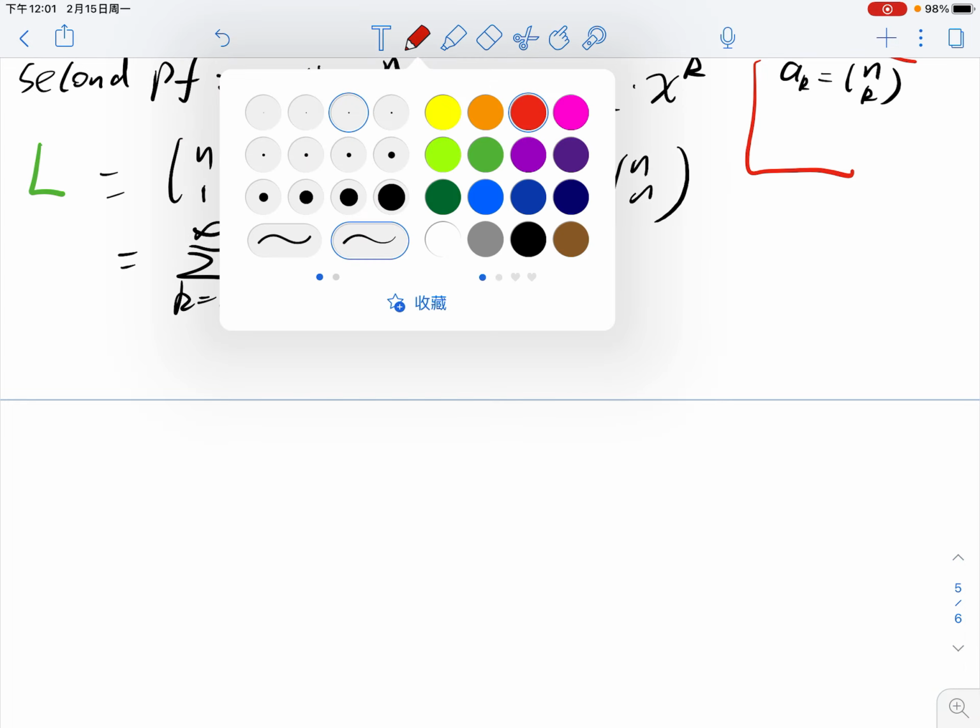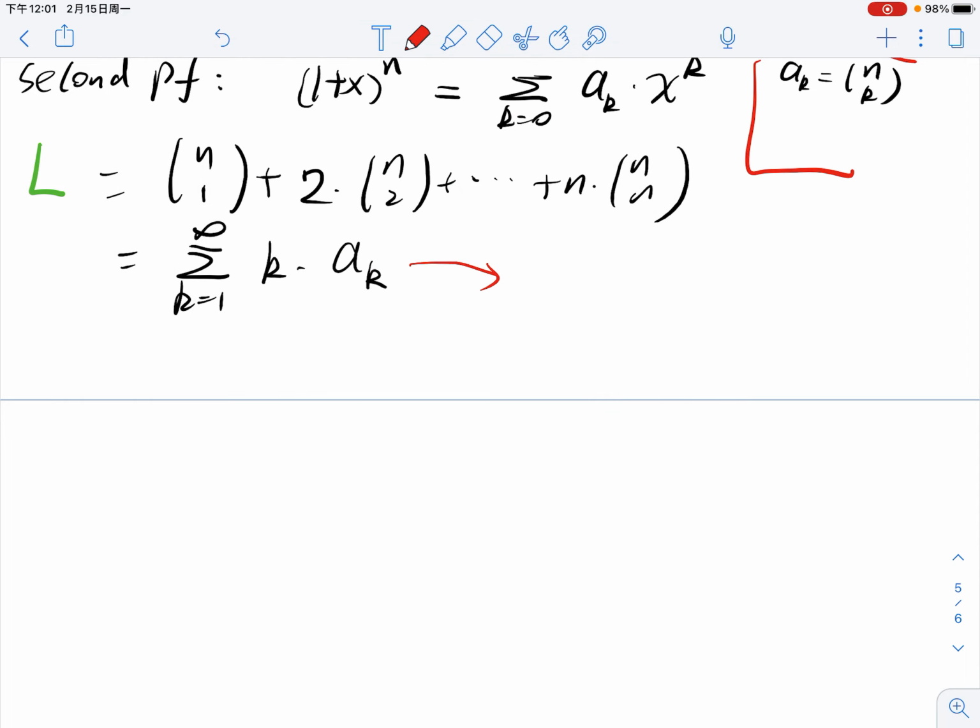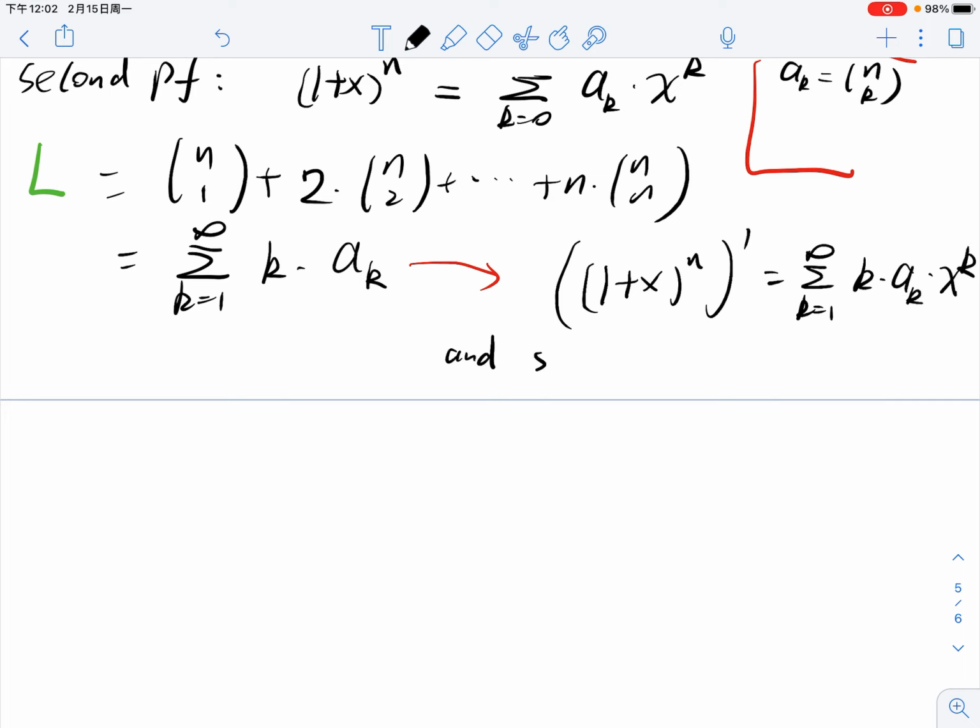Notice that this is exactly the derivative of the original function, the sum of k times a_k times x to the k minus 1, with x set equal to 1.